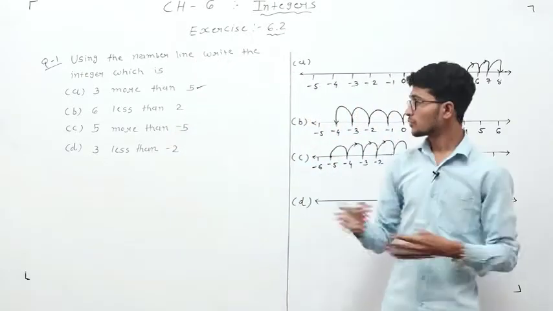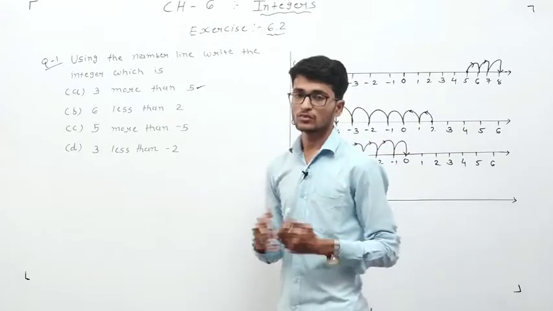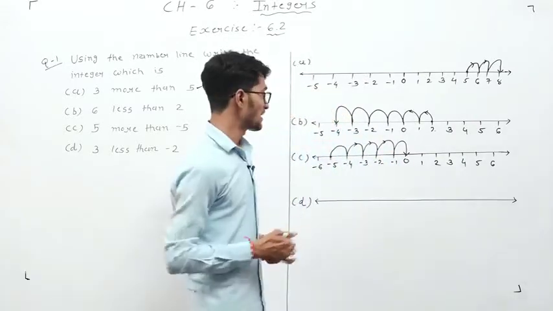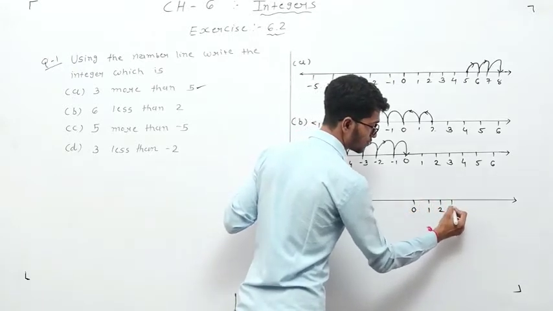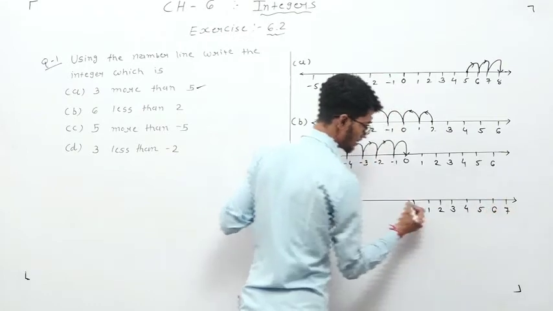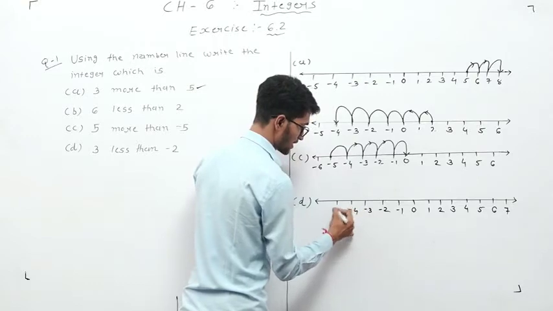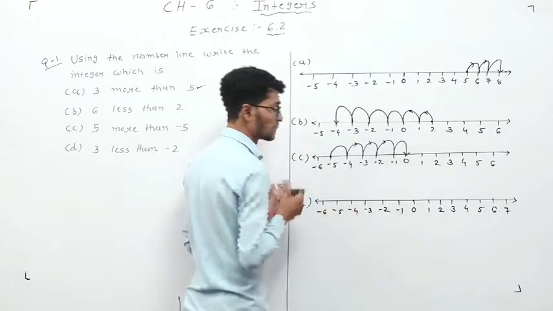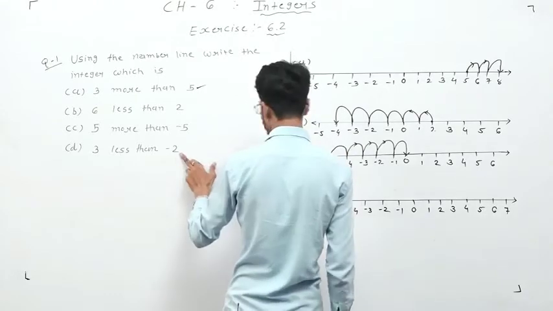Clear? Same for the fourth one: 3 less than minus 2. First of all, draw a number line: between 0, 1, 2, 3, 4, 5, 6, 7, and on this side minus 1, minus 2, minus 3, minus 4, minus 5 and minus 6. Same as before, first check the last digit, which is minus 2.